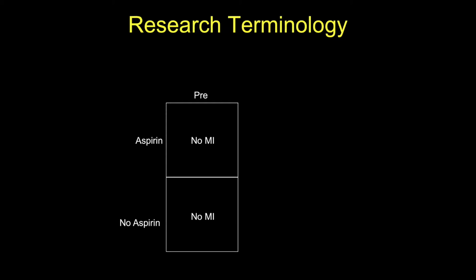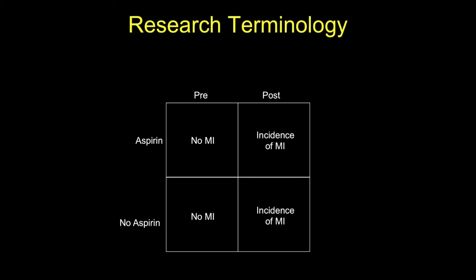We're looking at baseline measures here where they don't have any myocardial infarction, so you've selected a group of people who have never had a heart attack, and then you measure them, let's say a year later, 2 years later down the road for any heart attacks. So have they had a myocardial infarction? In this case, we're looking at the incidence, which is the rate of development of disease.